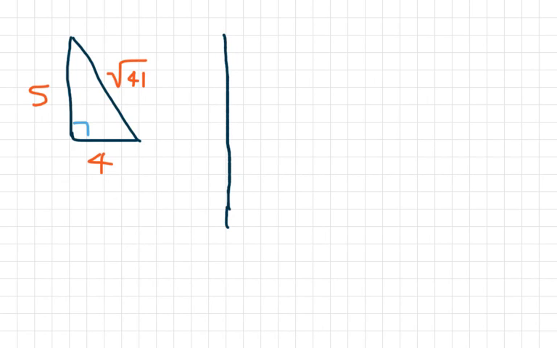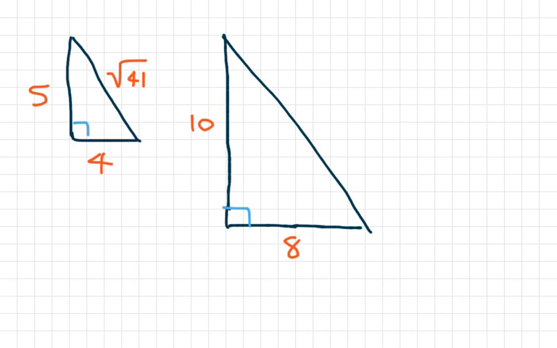There we go, 10. And then you're going to have to make this 8 to make sure that they're proportional. There we go. Super, drawing our right angle, 10 and 8.